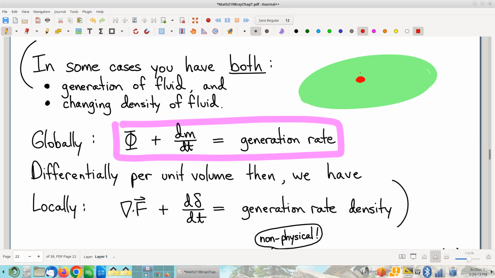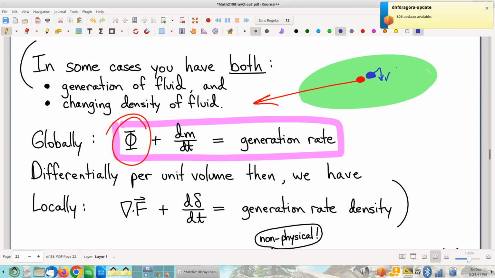One thing that created fluid can do is leave out of your region, in which case it contributes to flux. On the other hand, here's another thing that fluid can do. If you have spontaneously generated fluid that just appears right there, another thing it can do is it can stay put, right? It can not leave your solid region.